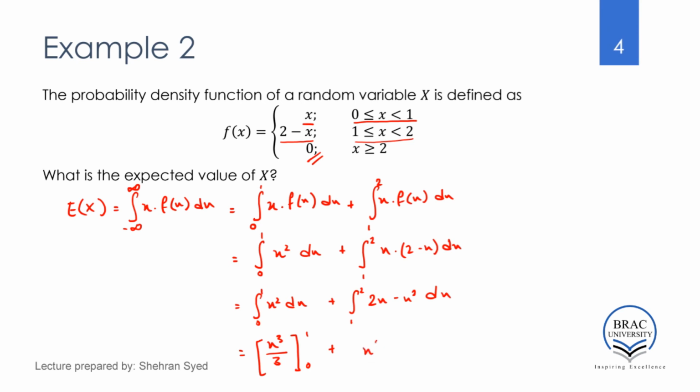So we have x squared minus x cubed by 3 with limits 1 to 2, which equates to 1. So the expected value of the random variable x defined by this probability density function is equal to 1. And that is how we calculate the mathematical expectation of continuous random variables.